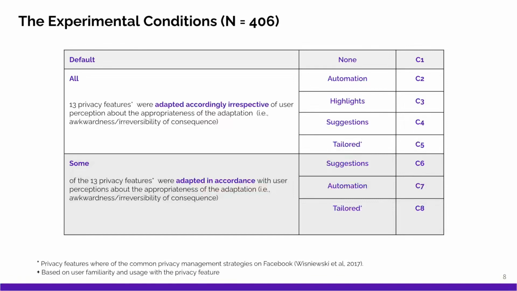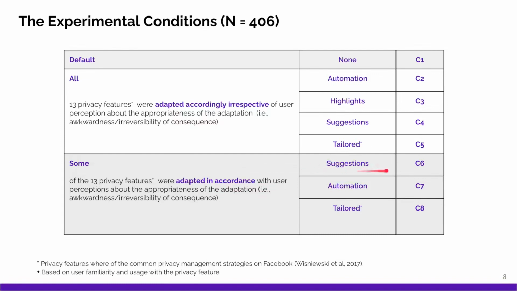The highlight adaptation was applied to any privacy feature the participant indicated to using only occasionally, and no adaptation was applied if the user had consciously decided not to use the privacy feature. That is to say, they were aware of the privacy feature but never used it, or used it only once and then abandoned it. And then suggestion adaptations were applied if the user was not aware of the feature itself.